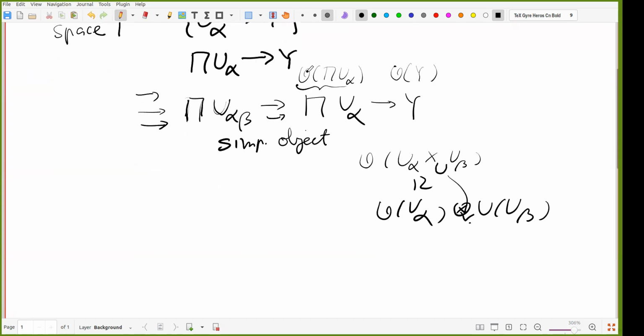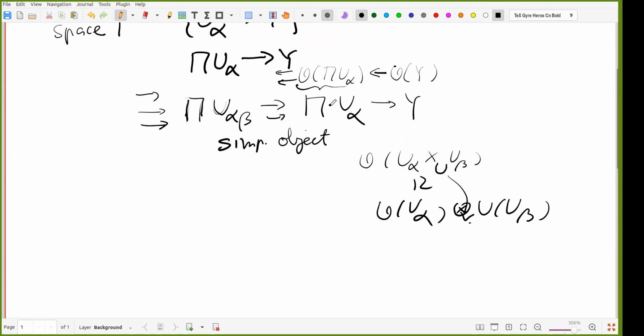Then if you apply taking some sort of functions on the space, that's usually functorial, depending on which kind of functions or cocycles you are taking. This is contravariant, and you will have maps in the opposite direction.